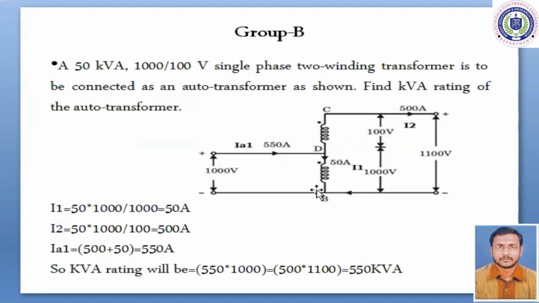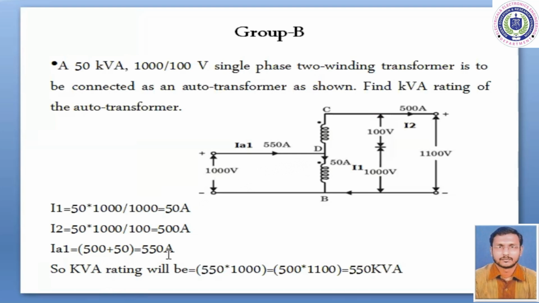So how can you calculate I1? I1 can be calculated as the total kVA is 50, so first of all, you have to convert into VA. So 50 into 1000 divided by 1000, so we get I1 as 50 amps. Next, you have to calculate I2, which becomes 500 amps. So what will be the total current on the primary side?